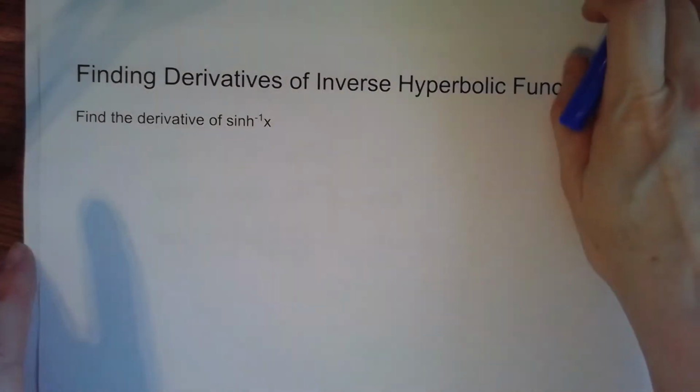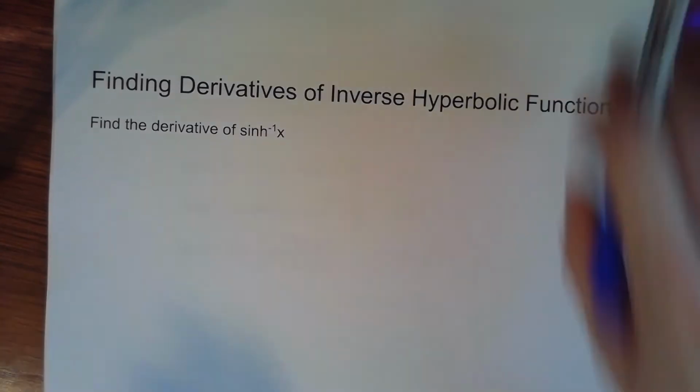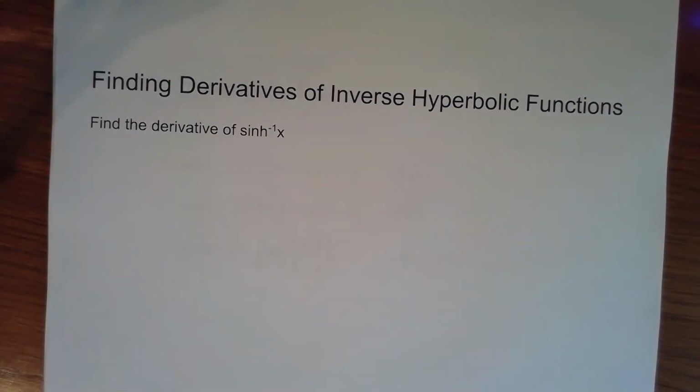All right, now that we know expressions for the inverse hyperbolic functions, we, of course, are going to want to differentiate them. So we need to find the derivative of the inverse hyperbolic sine.